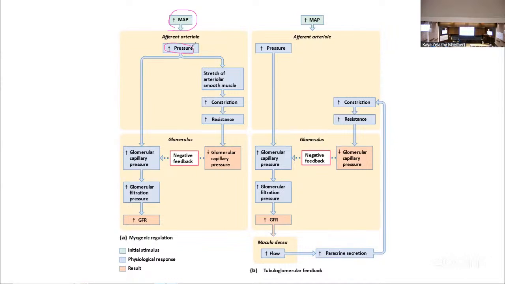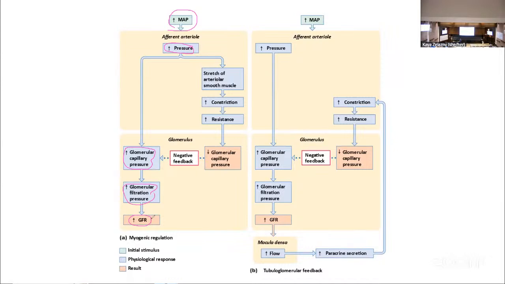So the pressure in the arteriole going up means that absent any regulation, the glomerular capillary pressure is going to go up. If the glomerular capillary hydrostatic pressure goes up, that means filtration pressure is going to go up, which means filtration rate is going to go up.